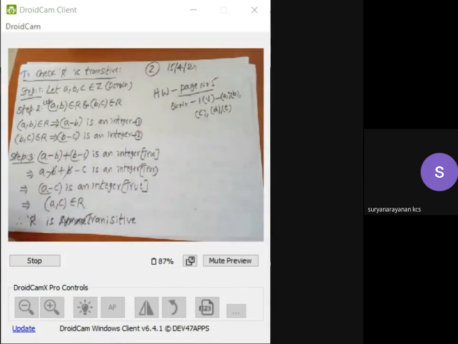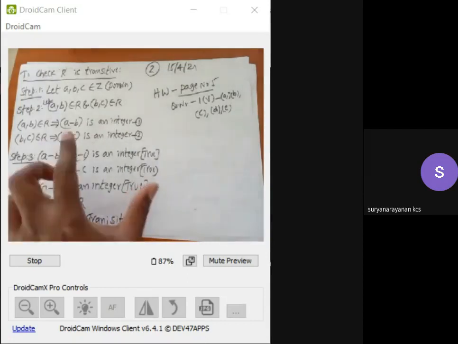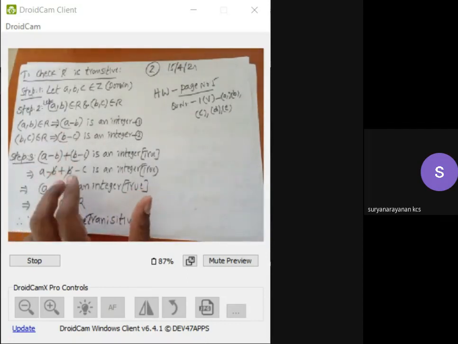Will you submit these homework sums tomorrow? Yes, okay, sir. The remaining sums are also the same as these questions. Try the questions. If you have any doubt, feel free to ask and get your doubts clarified.